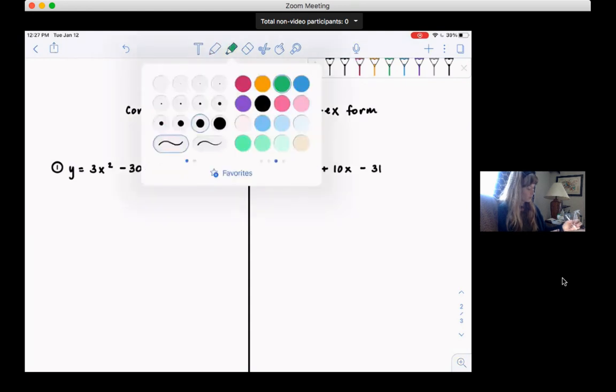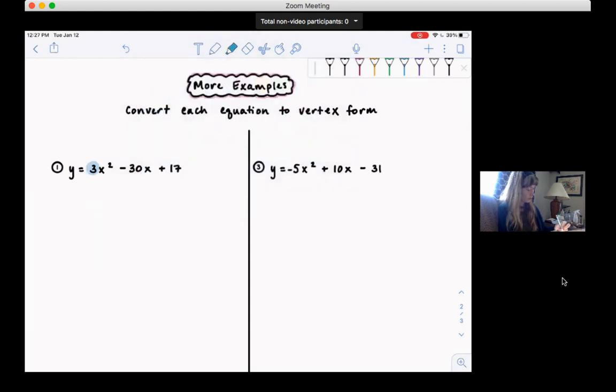So our first step is to factor out the leading coefficient from the first two terms. Our leading coefficient is 3, so we're going to factor out 3. And factor out means undistribute a 3 or kind of like divide it out and move it to the front. So if we do that, we're going to end up with 3 in front, and then we're going to ask ourselves, okay, what's left over if we undistribute the 3?